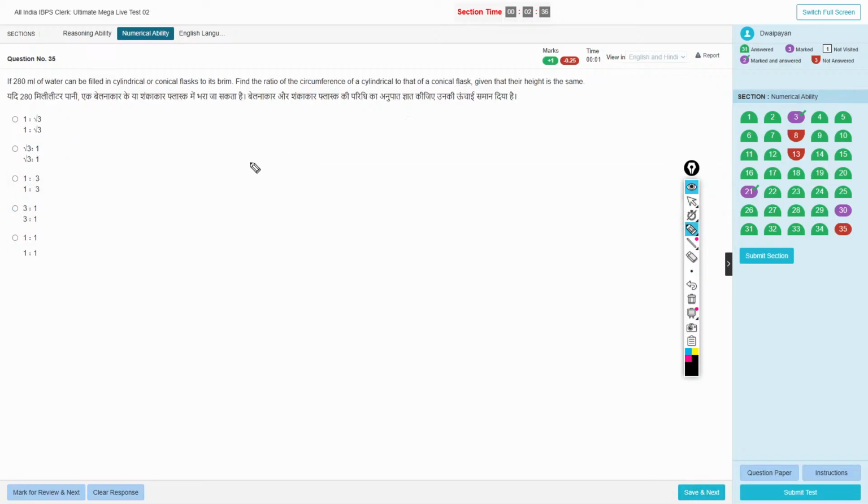So 280 liters of water fills a cylindrical or conical flask to its brim. Find the ratio of the circumference of the cylinder to that of the conical flask, given the heights are the same. So what is the water here? So the ratio of the circumference is just the ratio of R. So cylindrical to conical.